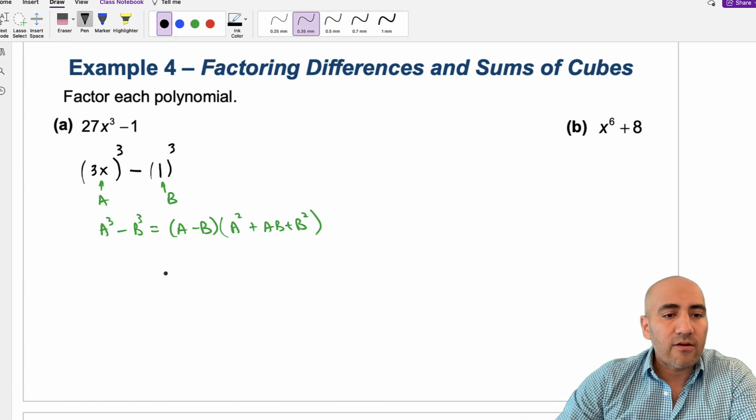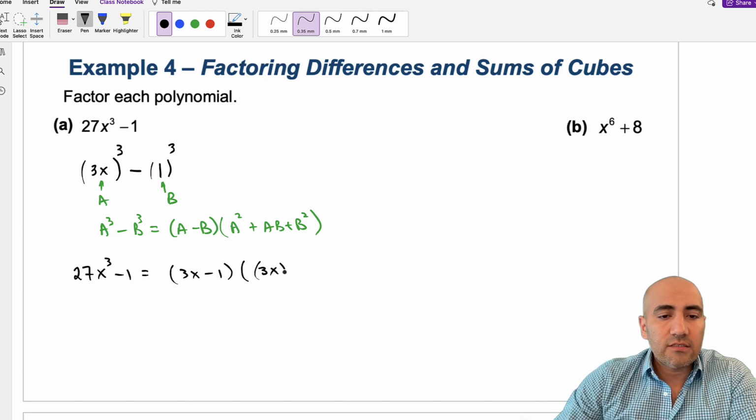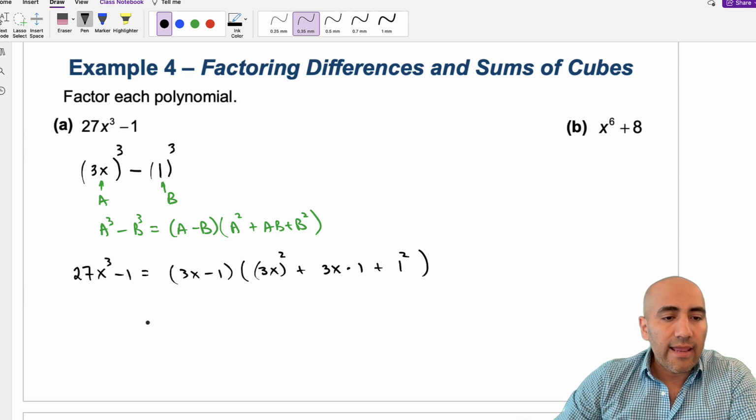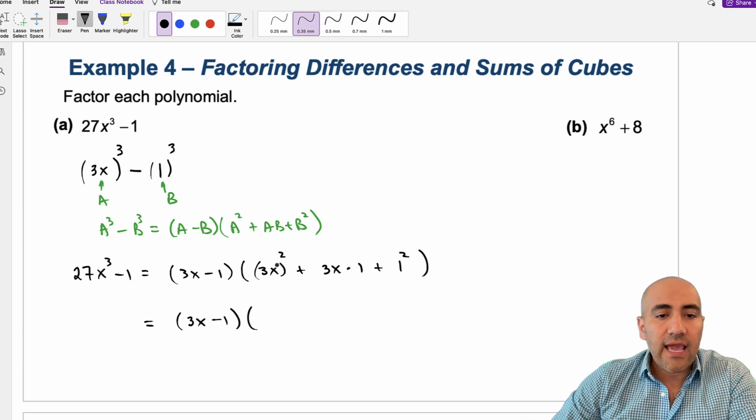Following that pattern, I know that 27x cubed minus 1 is really equal to (3x minus 1) times ((3x) squared plus 3x times 1 plus 1 squared). Just filling in that pattern. And then I can simplify this a little bit. This is 3x minus 1. And then this is going to be 9x squared.